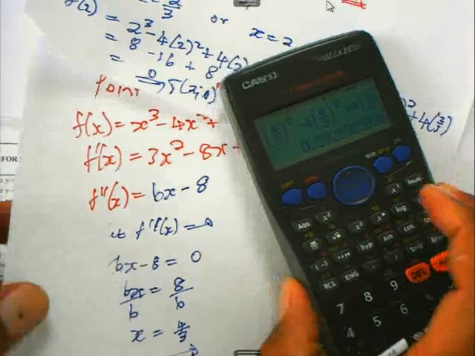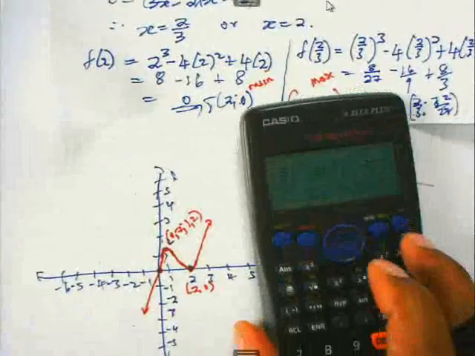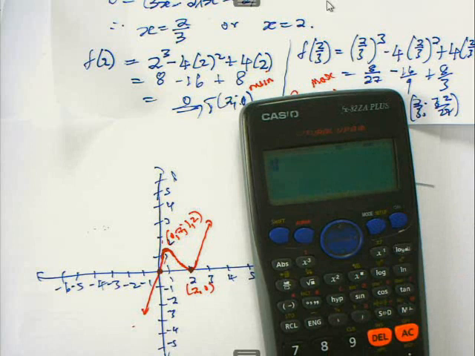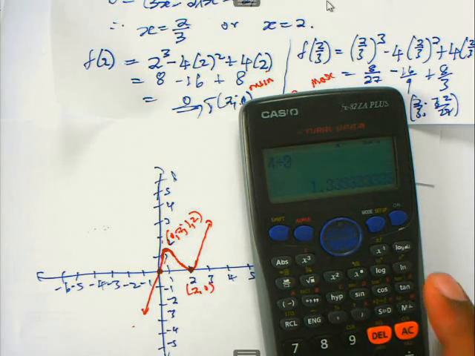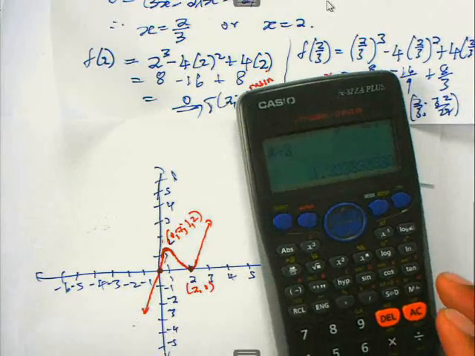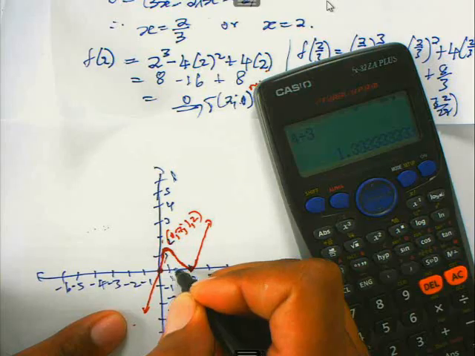Right, now when you look at our function, let us see where this point is. Of course, 4 divided by 3 is 1,33. X there will be 1,33, somewhere here.